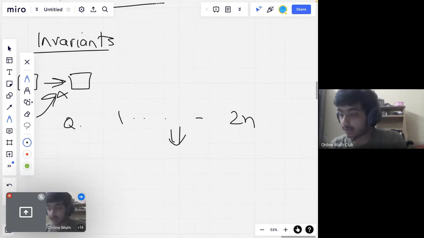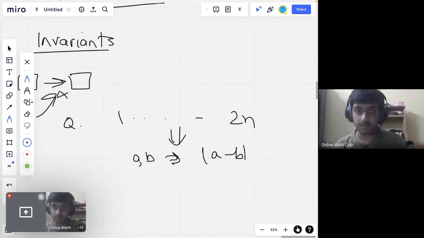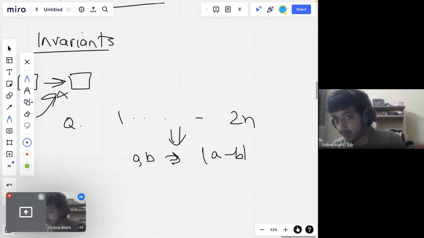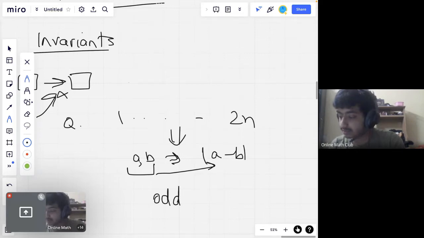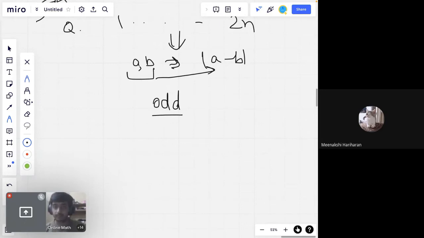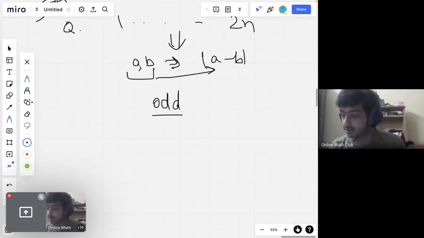You choose any two numbers a and b and replace them with the mod of a minus b, that is a minus b or b minus a, whichever is positive. In the end there'll be one number, because the number of numbers is reducing by one each time. Show that the last number is odd. Try it for a minute.